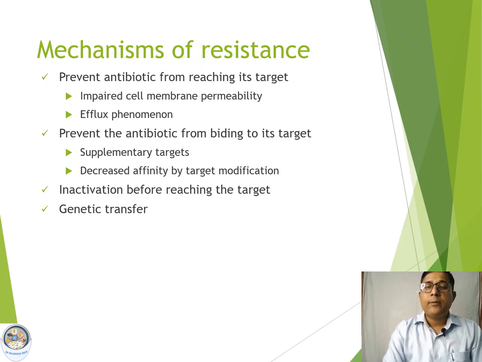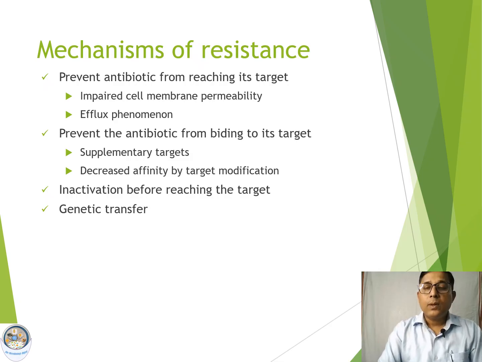As we have already discussed, antibiotics work through certain specific pathways, or they have a specific target in the bacterial cell. They may affect the cell wall, they may affect the plasma membrane. So organisms will develop some system which will prevent the antibiotic from reaching its target. This is one of the mechanisms of development of resistance.